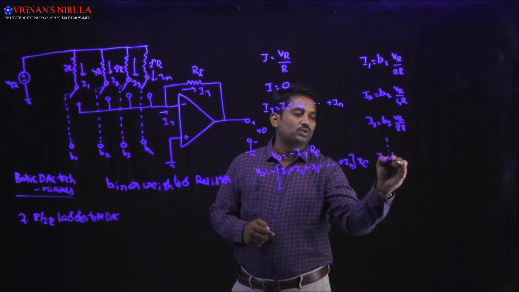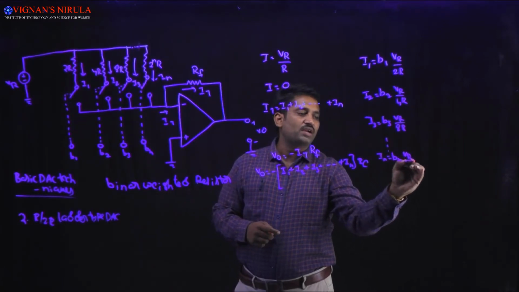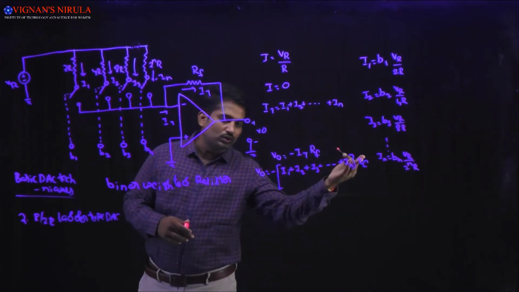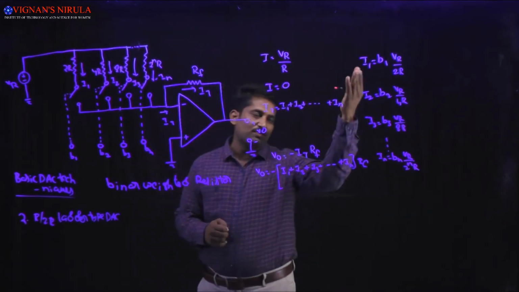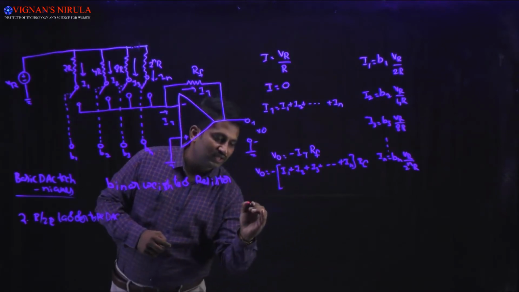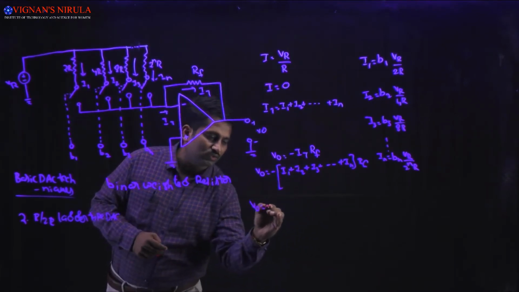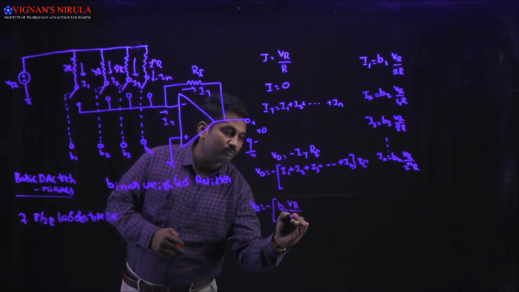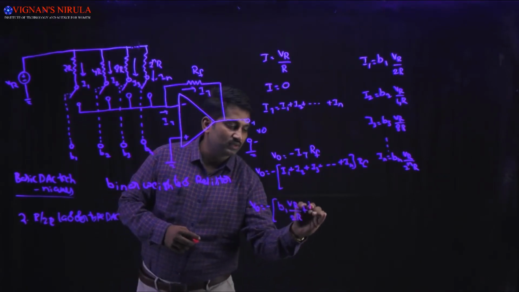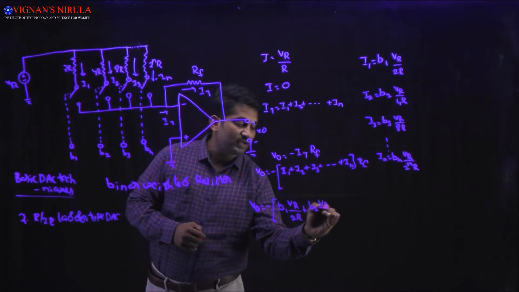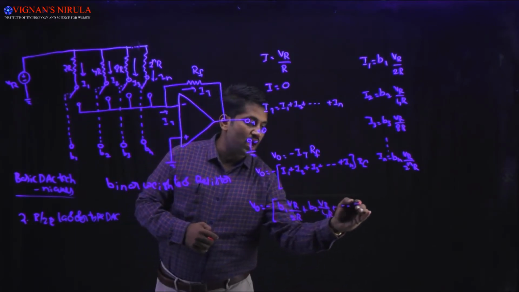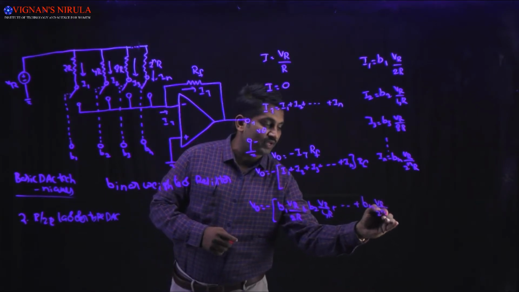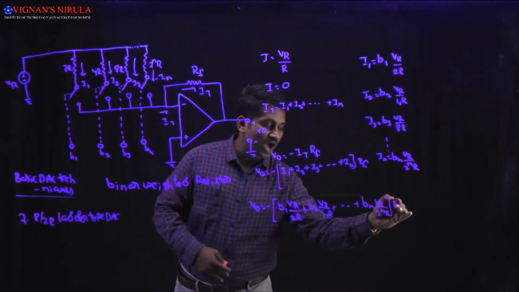In is equal to Bn into VR divided by 2 power n into R. Substituting those current values in this expression, we get V0 is equal to minus of B1 into VR divided by 2R plus B2 into VR divided by 4R plus so on plus Bn into VR divided by 2 power n into R, into RF.